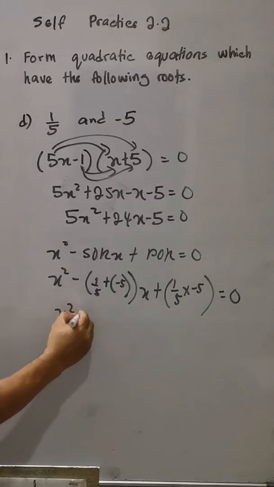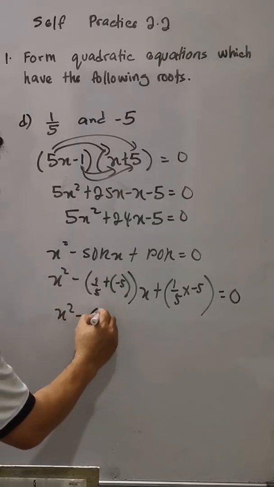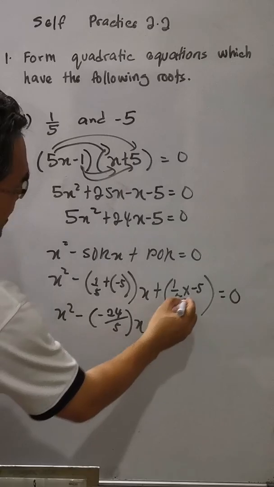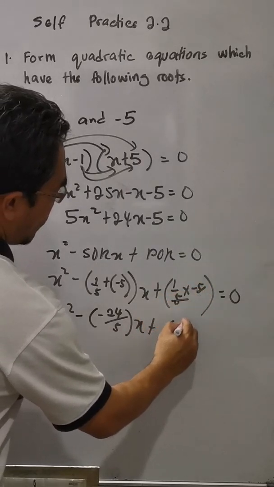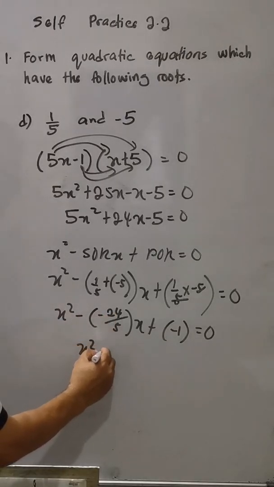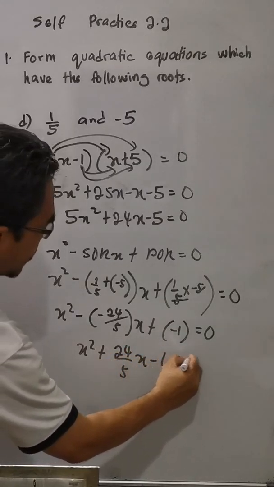So for this one, just press the calculator: 1 over 5 minus 5 is negative 24 over 5. Inside the bracket is negative 24 over 5. x plus, this one you cut, so it becomes negative 1 equals 0. So negative becomes positive. So x squared plus 24 over 5x minus 1 equals 0.